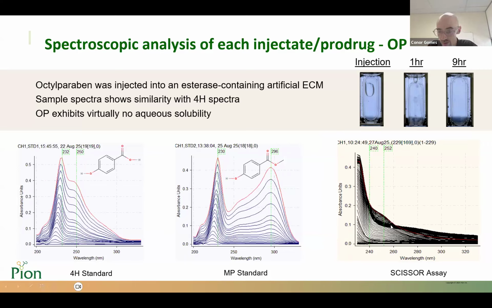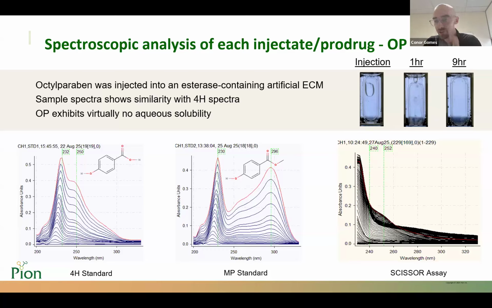And you'll see, noted by that red line, there's almost no signature around 300 with the octylparaben, but we do get that shoulder starting to show up at 250, which is, again qualitative, at least a gut check that we do have the enzyme acting on our injectates.